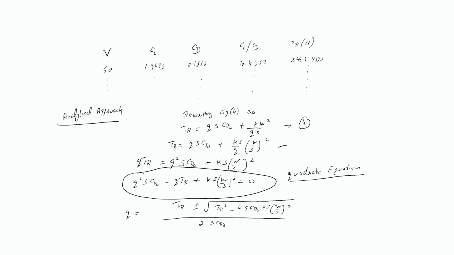So you must be making notes of this, and let us proceed further. Let us write this equation. Q equals, let me take it as 2 CD naught, so TR by S plus or minus 1 by S square root of TR square minus 4 into S square CD naught K into W by S whole square.